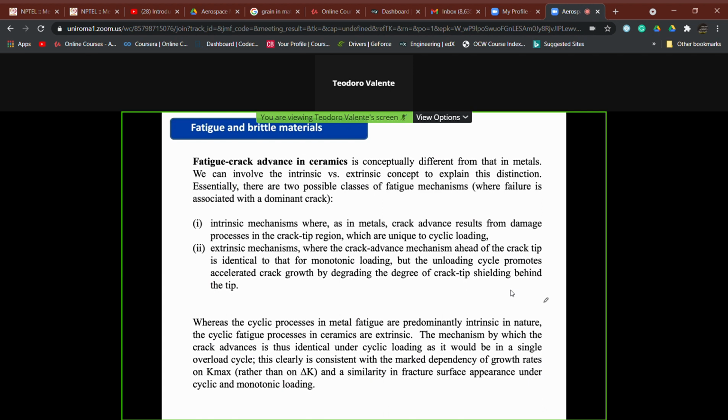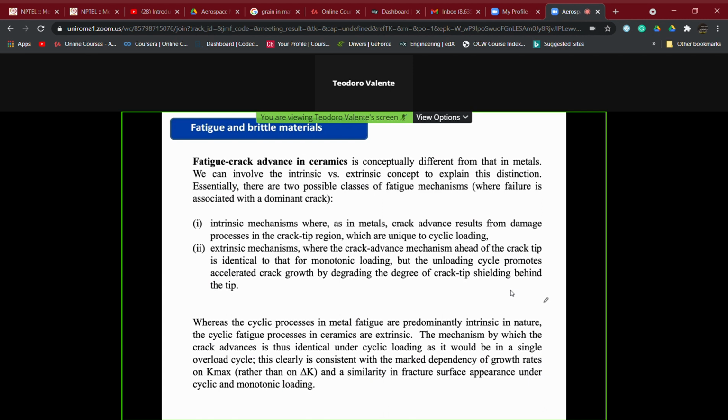And fatigue crack advance in ceramic materials is conceptually different from that which occurs in metallic alloys. To explain this, we can involve the concept of intrinsic and extrinsic behavior, because there are essentially two possible classes of fatigue mechanism, where failure is associated with the dominant crack.